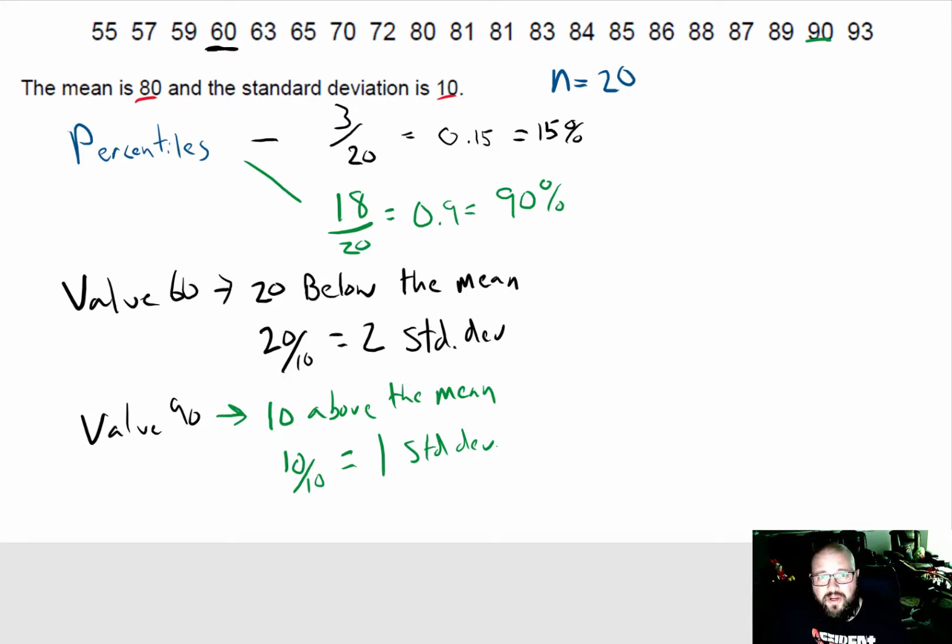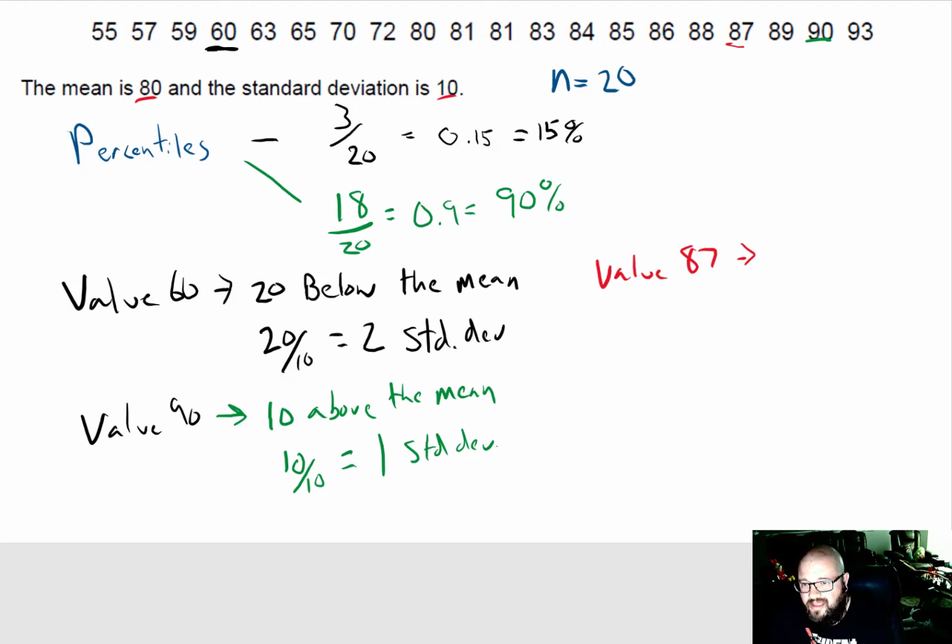Well, let's do one more, because standard deviation doesn't always have to be equal to a whole number, right? So let's look at the value of 87. How far away from the mean is that and in what direction?